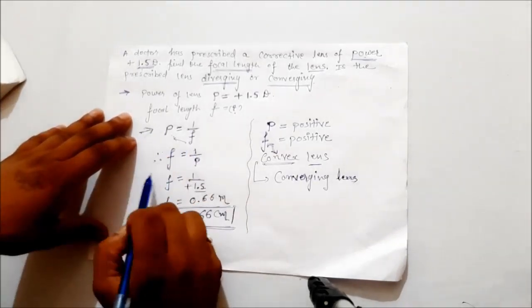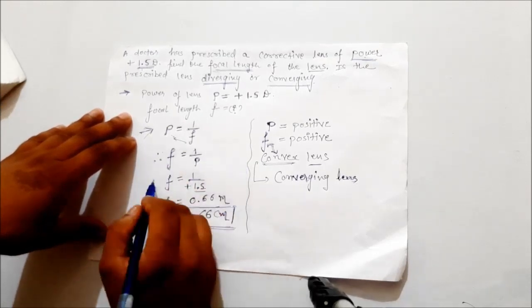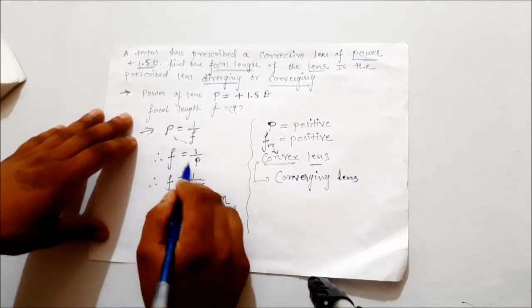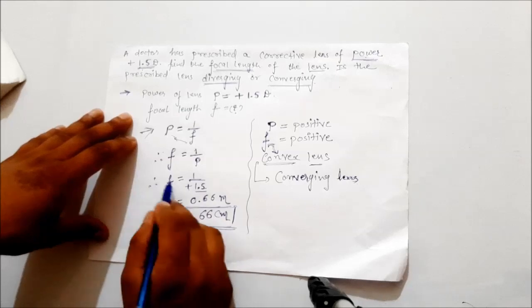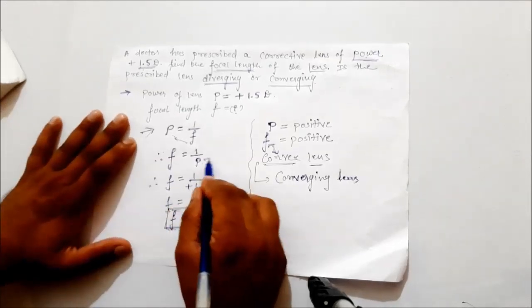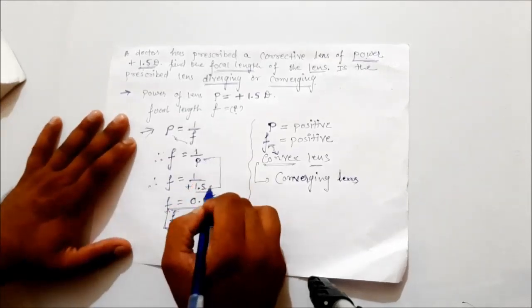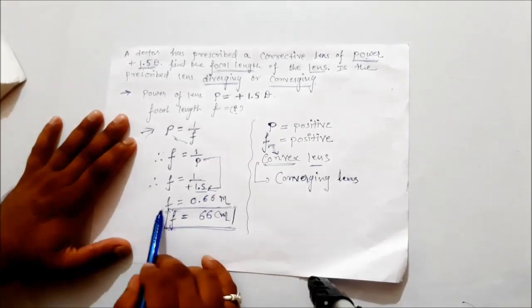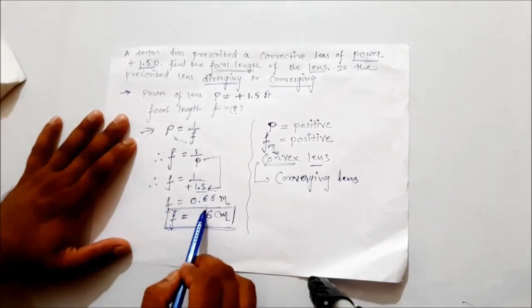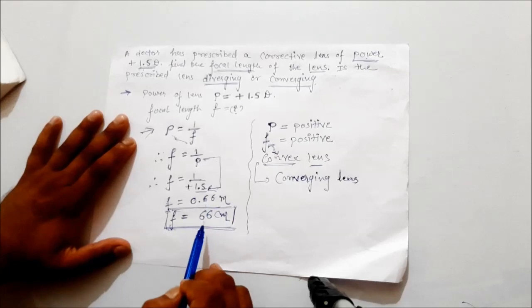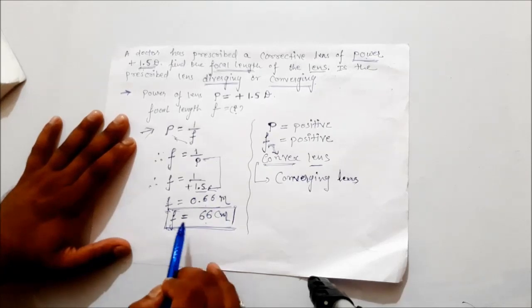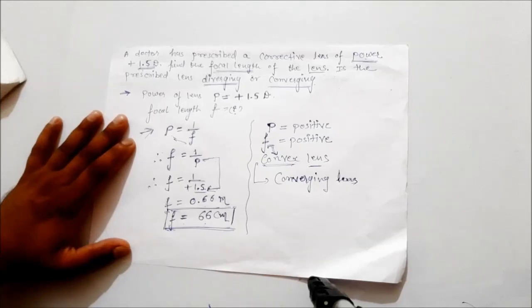From that we make F the subject, then we get F is equal to 1 by P. That's why F is equal to 1 by the power of lens given, 1.5 positive, which results in 0.66 meter. We can convert it into centimeters, so we get focal length F is equal to 66 centimeter.